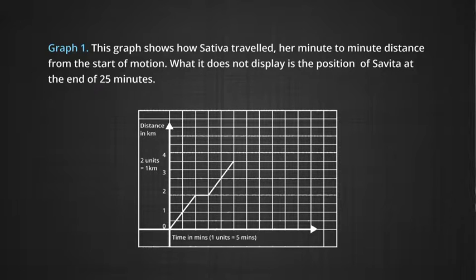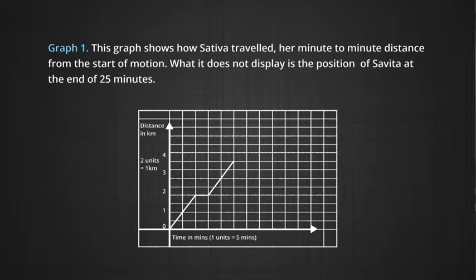So, this graph, notice, starts from 0. So, 0 time means when you started talking about the motion. So, when she left the house. So, 0, and she covers this entire journey in 25 minutes and reaches 2 kilometers for the school.